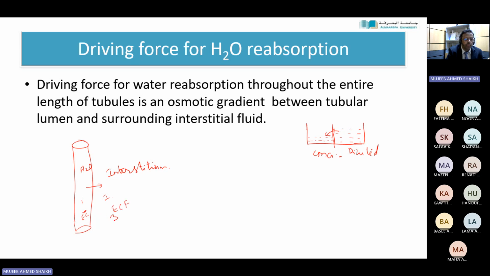Suppose both are 300 milliosmol. Let's say, in an imaginary condition, a baby is born and has equal or normal osmolarity across all the tissues and all the cells, then it will have 300 milliosmol inside the tubule. That is the tubular fluid, because this is the filtered fluid from the glomerulus. So it is similar to the plasma. That's why it is 300. And also in the interstitium, let's say it has 300 milliosmol.